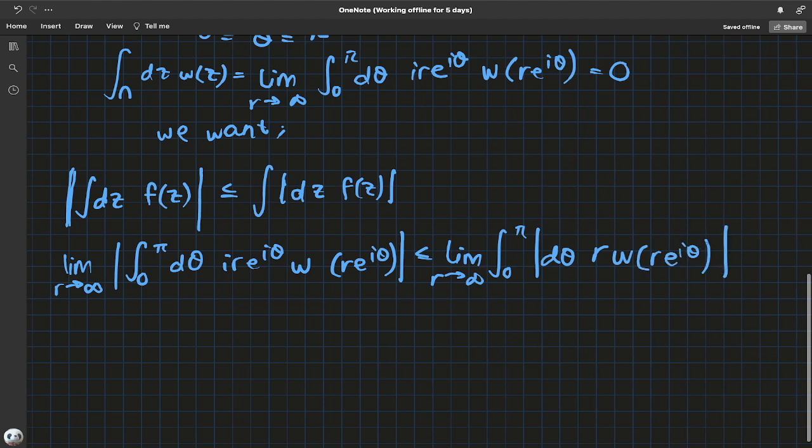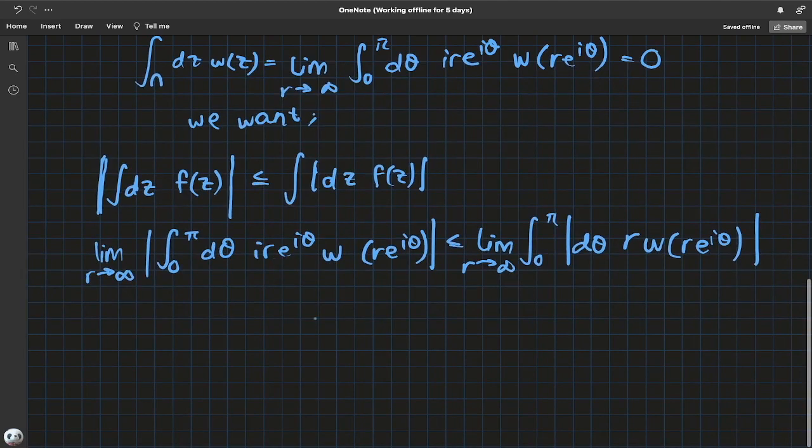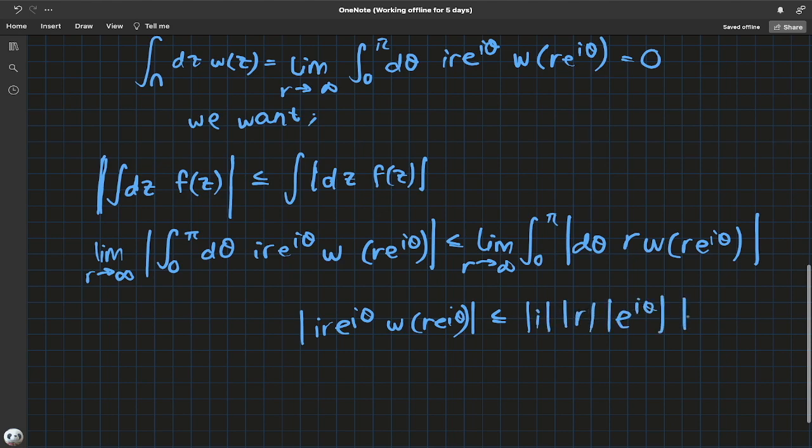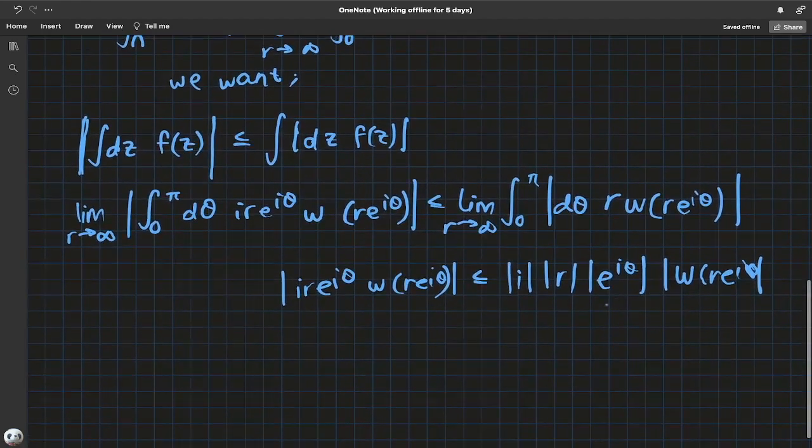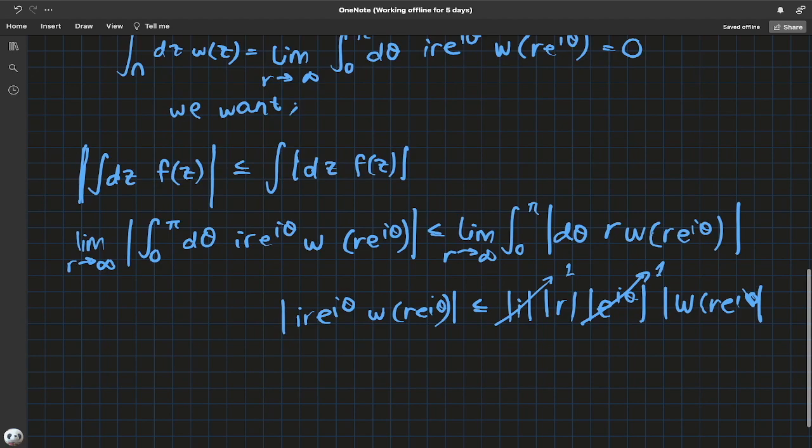I actually skipped a step. I should have shown that the magnitude of i r e to the i theta w of r e to the i theta is less than or equal to the magnitude of i, magnitude of r, magnitude of e to the i theta, magnitude of w of r e to the i theta. And this is because of the Cauchy-Schwarz inequality. We know this magnitude is 1, this magnitude is 1, we are just left with r and w of r e to the i theta, so that's how we have this.